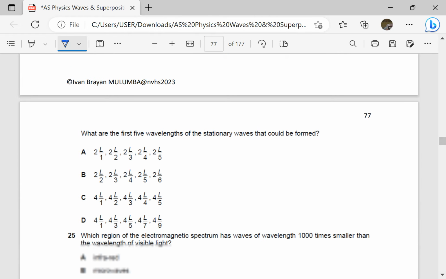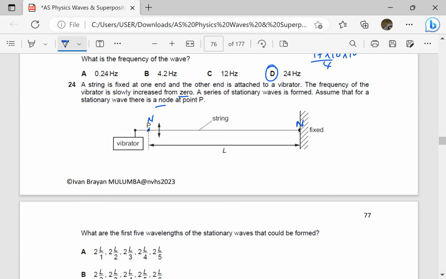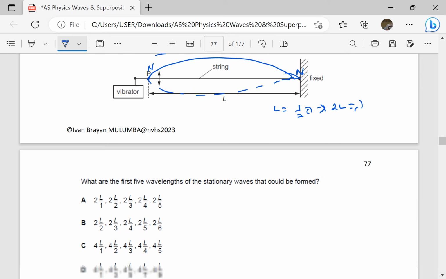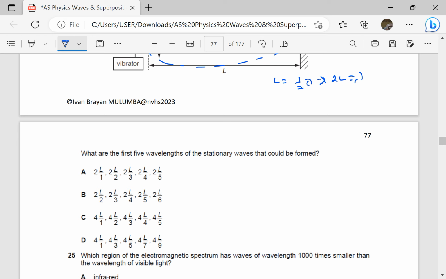This is a string. So for a string, we know that for the fundamental mode, we would have something like this. So that means L for the fundamental would represent half a wavelength, which would imply that 2L is equal to the wavelength. So the first must be 2L.